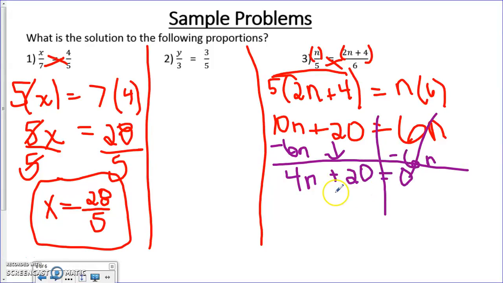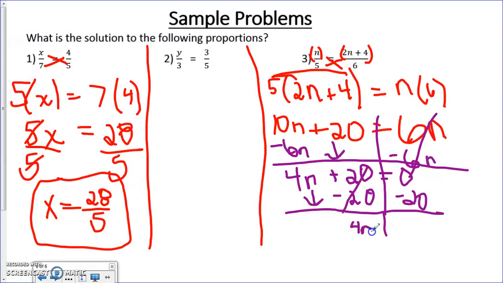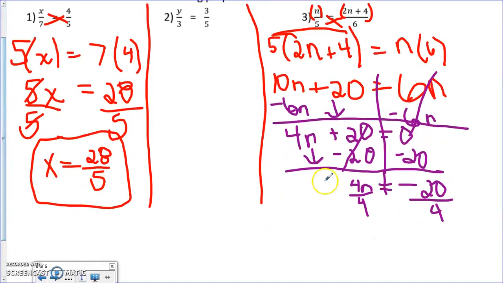We have to bring the numbers to the right, so we're going to subtract 20 from both sides. 4n equals 0 minus 20, which is negative 20. And finally, we're going to divide both sides by 4. Negative 20 divided by 4 is negative 5.